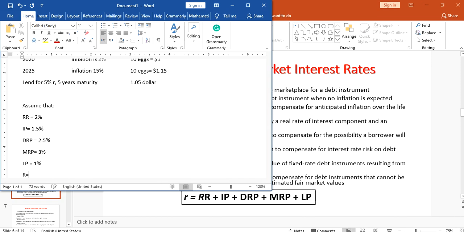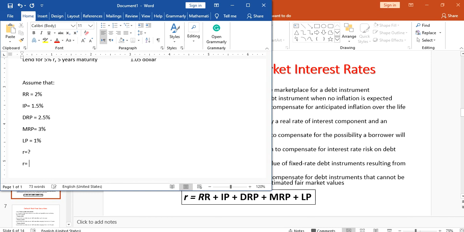So what is the market interest rate? R equals 0.02 plus 0.015 plus 0.025 plus 0.03 plus 0.01, and equals, how much will that be? 1, 2, 3, and it will be 4. 10%, or 0.1.